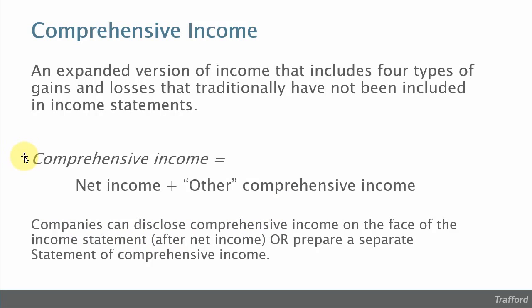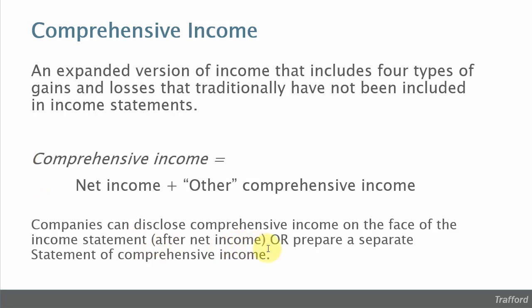Now, companies have choices as far as how they make this disclosure. They can either just include it on the face of the normal income statement where they start with net income, they adjust it for any other comprehensive income items in that accounting period, and then they compute comprehensive income from there.